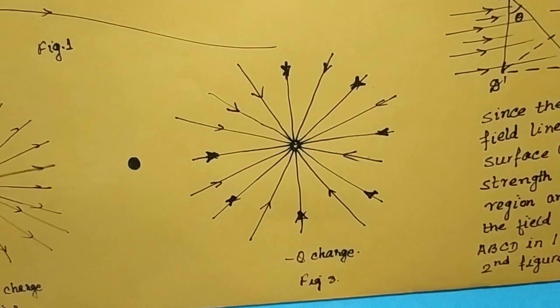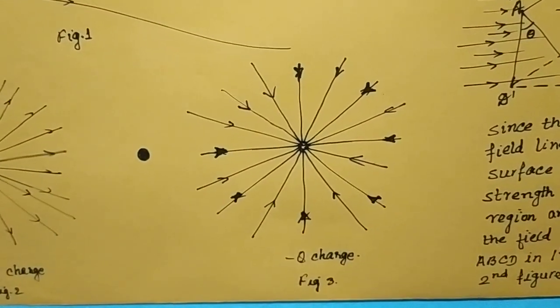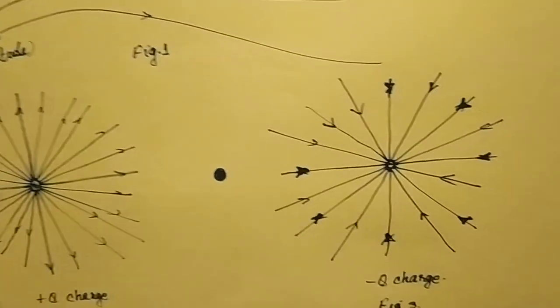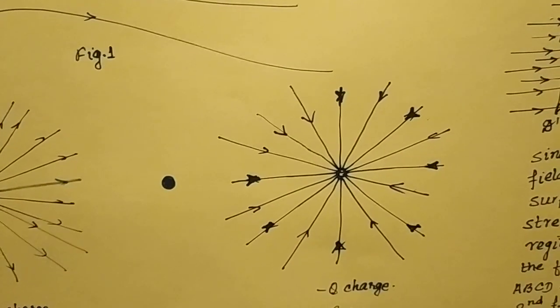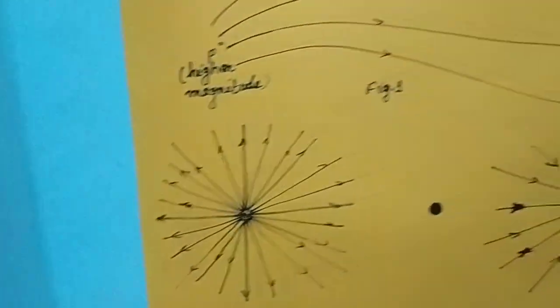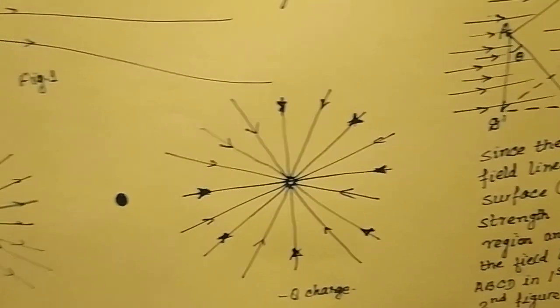The next figure, figure 3, is a representation of electric field lines due to a single isolated negative point charge. The only difference from the representation of electric field lines due to a positive charge is that in the case of a negative charge, the electric field lines point radially inwards.